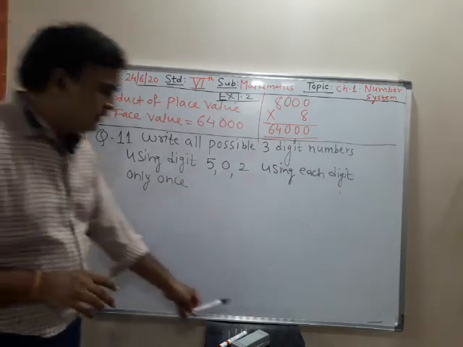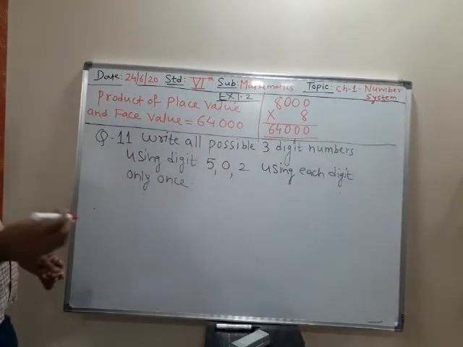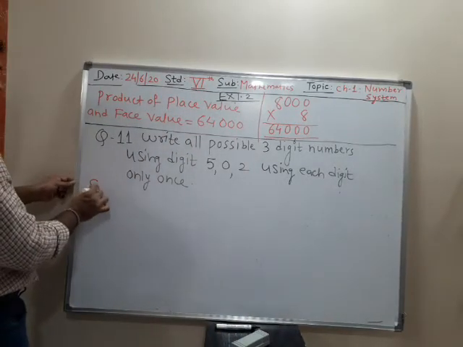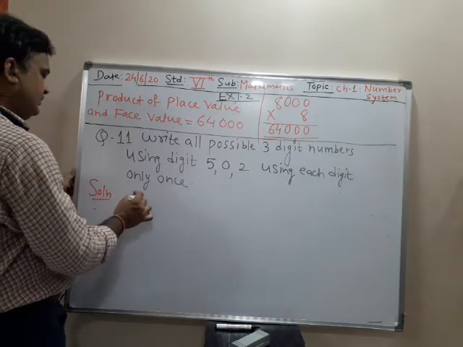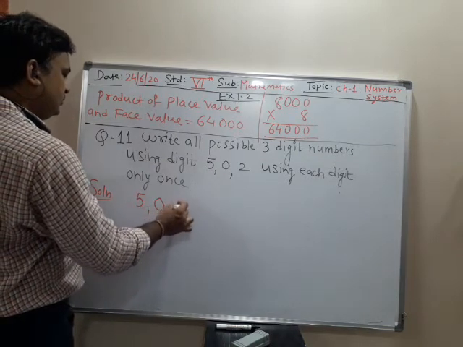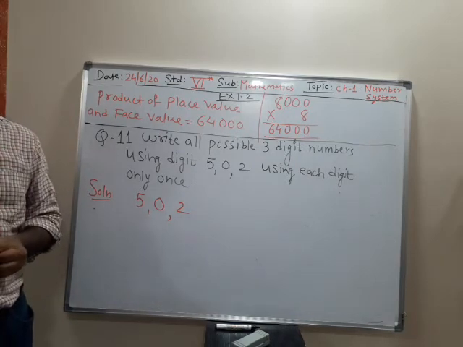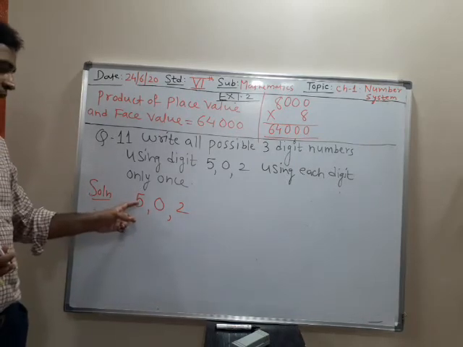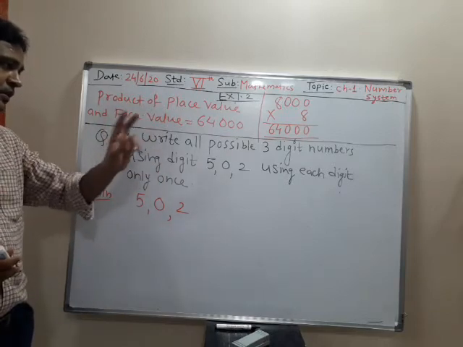So there are 3 digits. We have to find all 3-digit numbers. The digits are 5, 0 and 2. Using these 3 digits only once, repetition is not allowed.